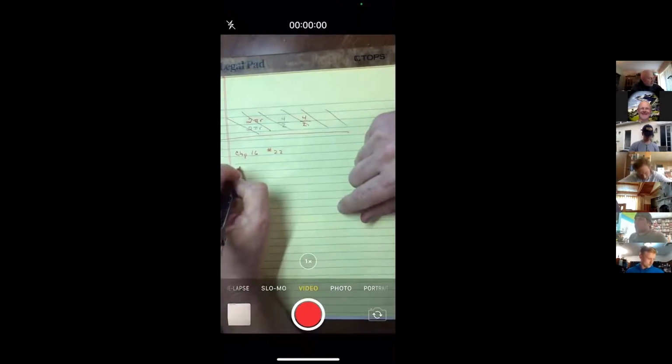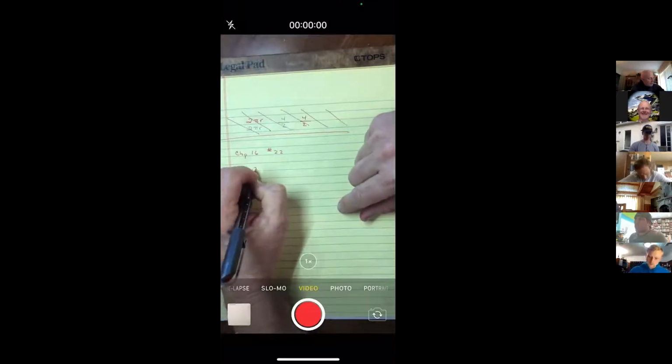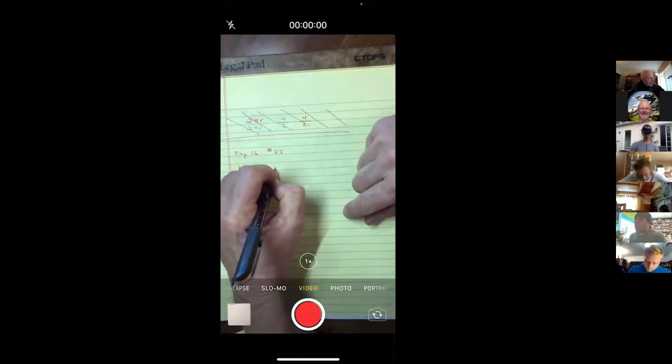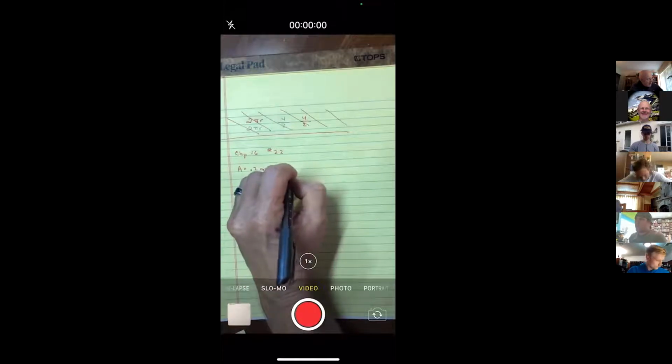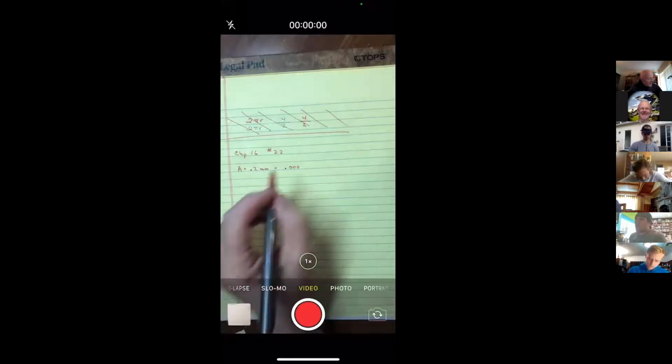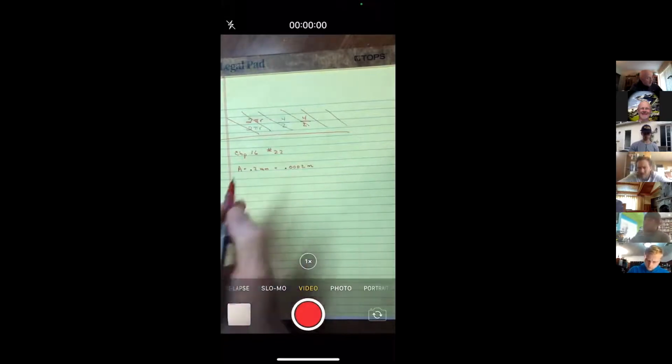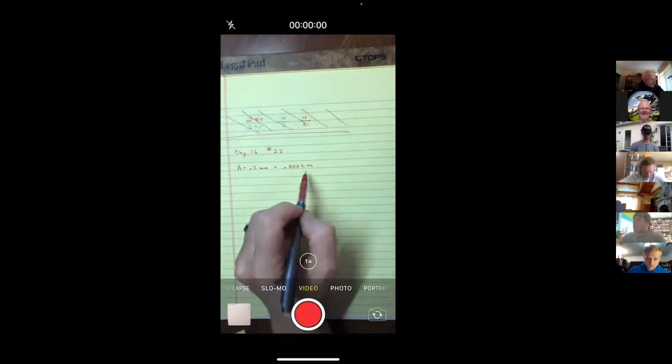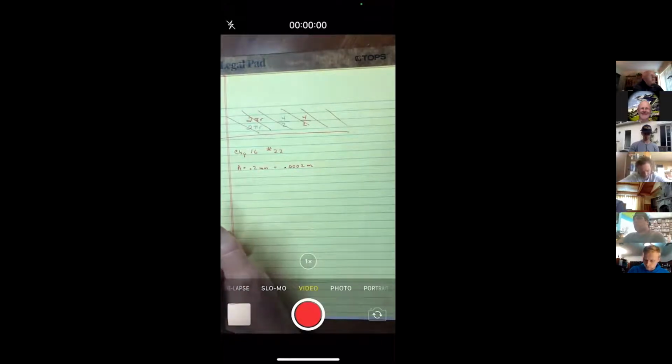So maybe I'll just write down amplitude 0.2 millimeters. And maybe I'll just, even if it's going to matter later on, write that as meters. So millimeter is times 10 to the minus 3. So there's the amplitude.